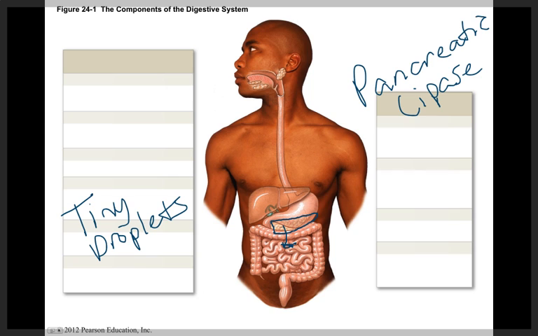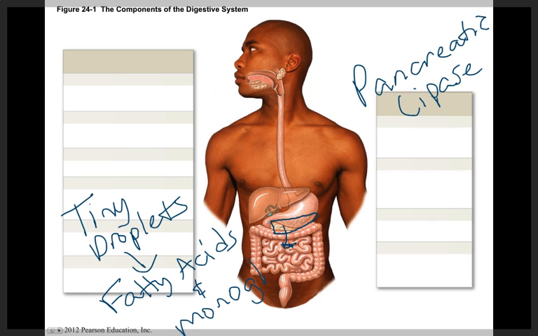Pancreatic lipase is going to break those tiny droplets down into fatty acids and monoglycerides. Okay, hope you can see that. Alright, so monoglycerides, and then the glycerol, which are monoglycerides, and the fatty acids can then get absorbed.